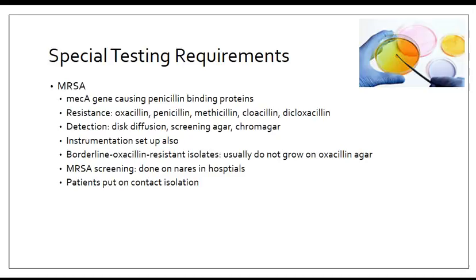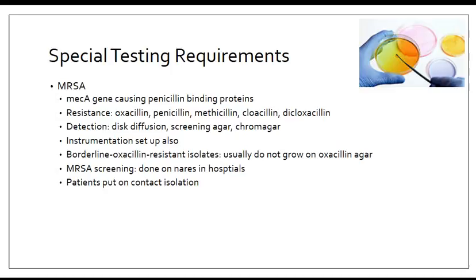Okay, MRSA. These are Staph aureus strains that have acquired the mecA gene that causes them to be resistant. We check for oxacillin resistance, but if they're resistant to oxacillin, they're resistant to penicillin, methicillin, cloxacillin, and dicloxacillin, and the organism is referred to as methicillin resistant.